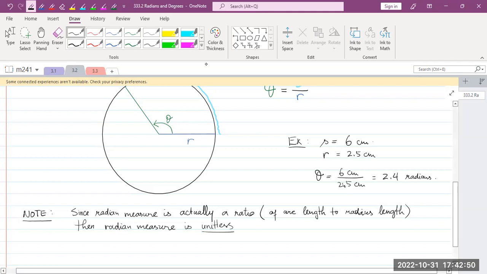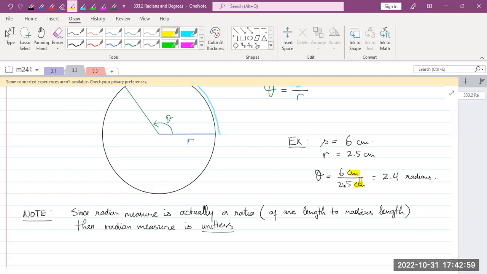If we go back to this example here, notice that the centimeter cancels a centimeter, right? So 6 divided by 2.5 is simply 2.4, and that's it. We call that radians, but even if we don't write the radians, it's still understood as angle in radian.